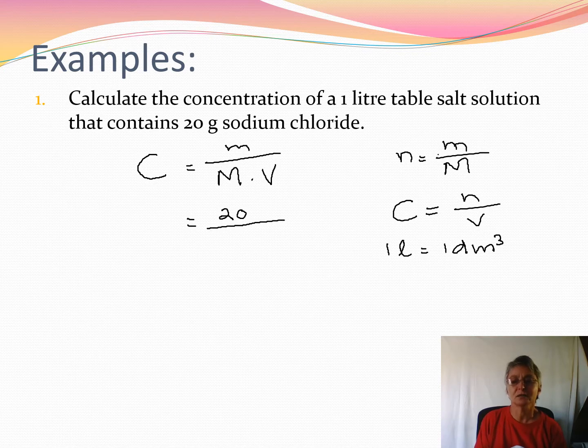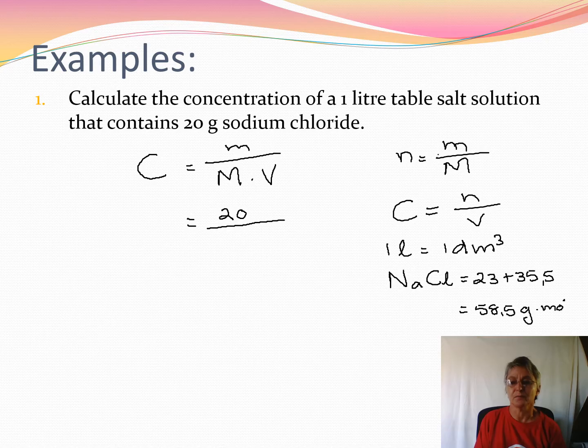The molar mass of sodium chloride, and this is where it is important to be able to write formulas, is 23 plus 35.5, so that is 58.5 grams per mole.